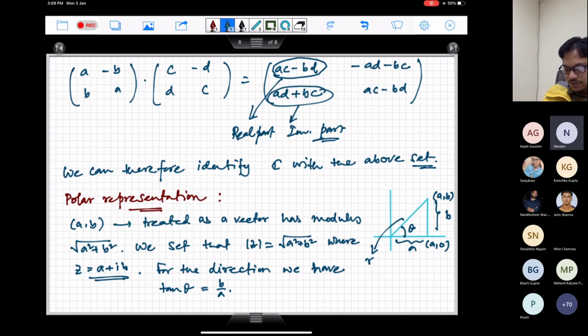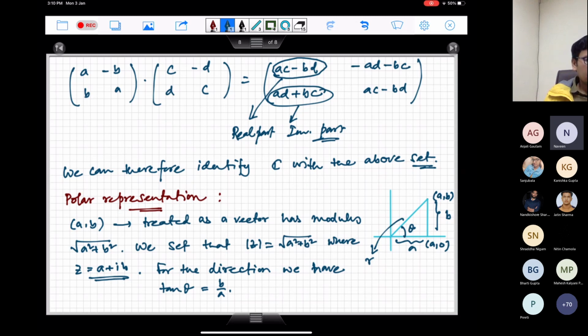Now of course, how do I get theta out of this equation? I can take tan inverse, but you already know that sine, tan and so on are not injective functions, so I might have several choices for theta. For example, if I have some theta 1 for which tan theta 1 is b by a, then tan of theta 1 plus 2 pi is also going to be b by a.